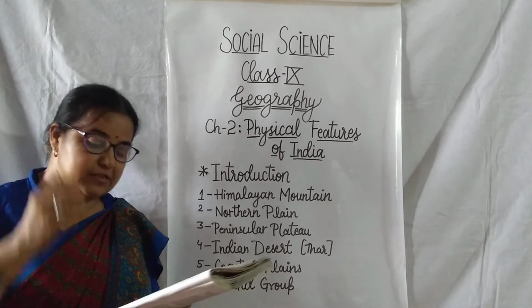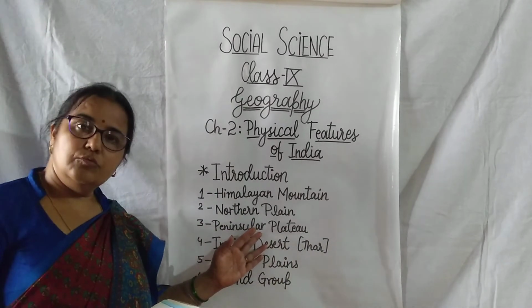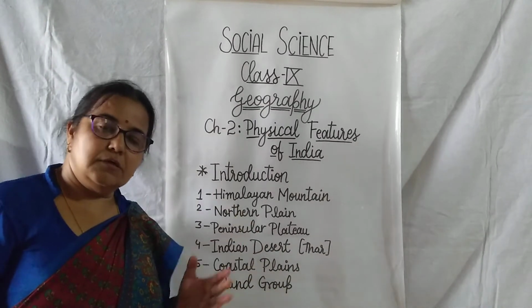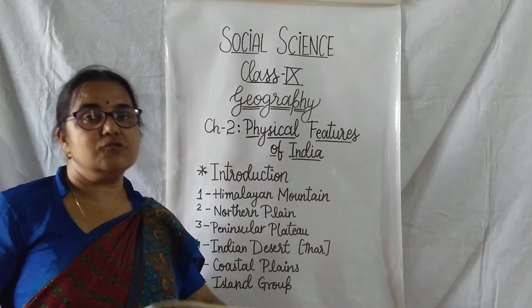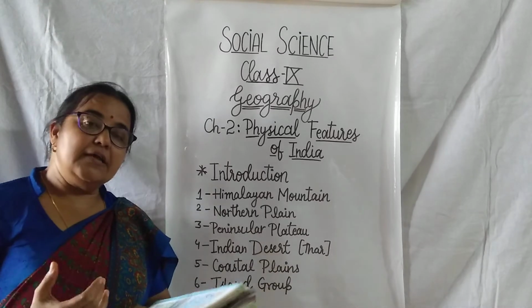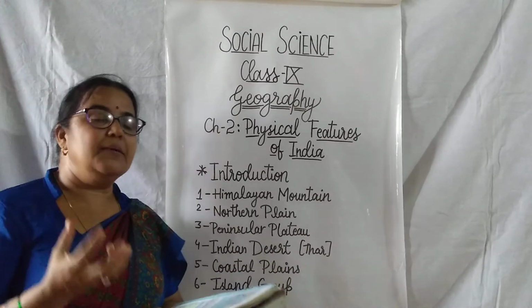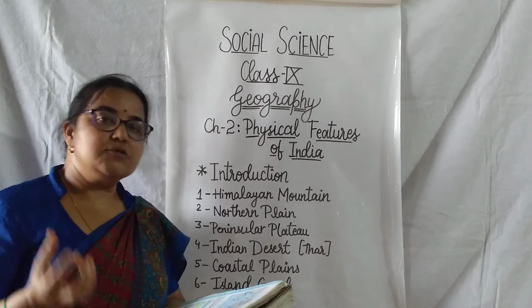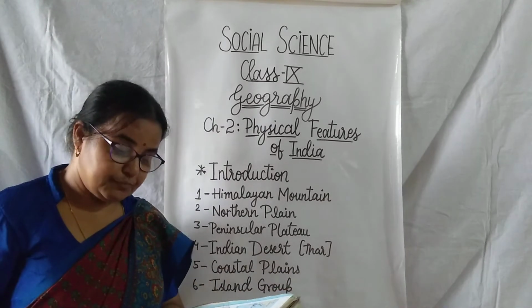And after that, what we see is that this Peninsula Plateau is known as the oldest part of the oldest landmass, that was Gondwana land. And that's why this plateau is also called the most stable landmass of our earth or our country also.